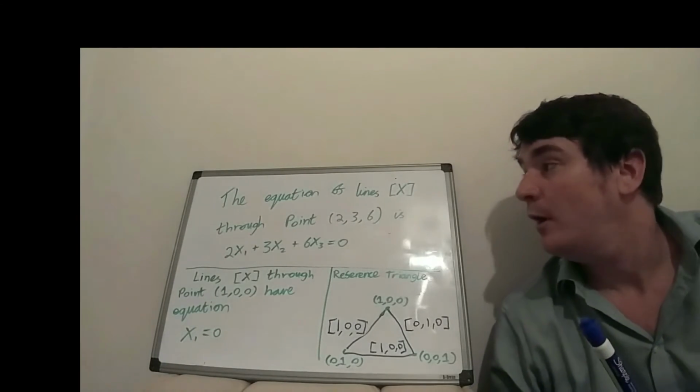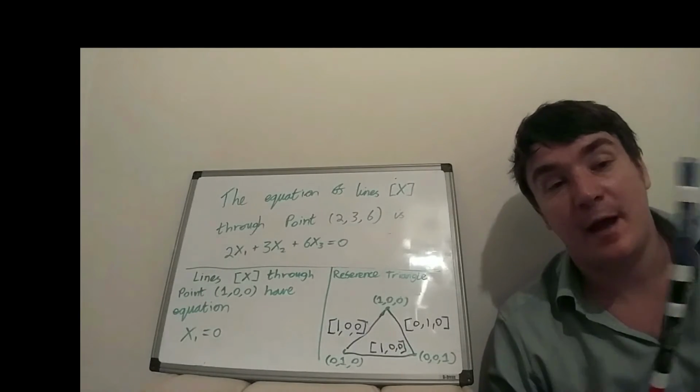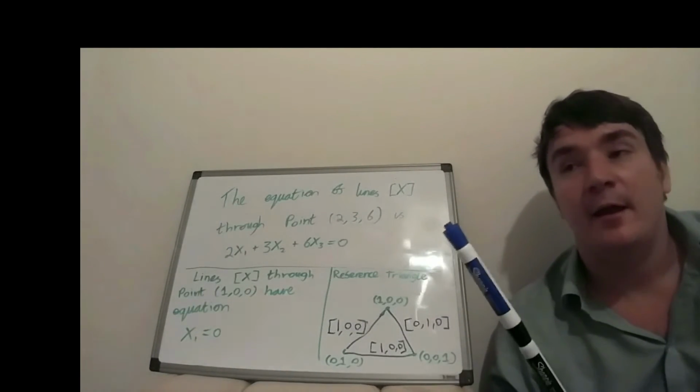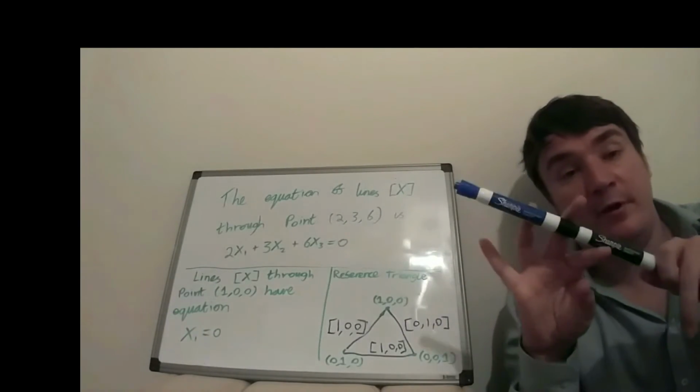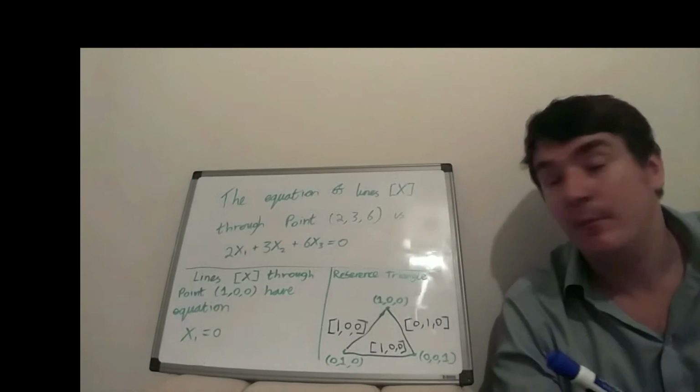Okay then, so just as if we're given a line, we can interpret that as an equation of points, so in an exactly dual way, if we're given a point, we can interpret that as an equation which gives all the lines which go through that point.